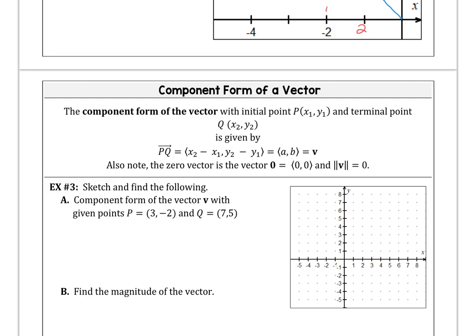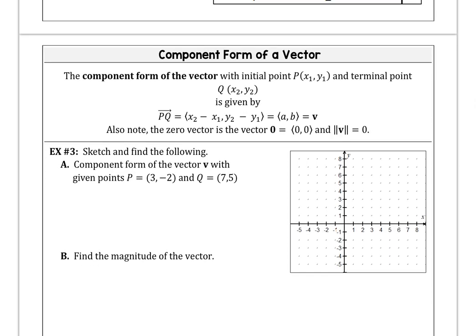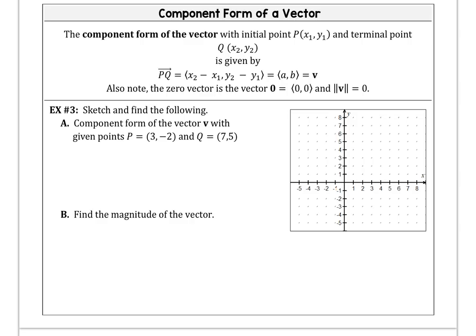Component form of the vector is given by finding the difference between the x terms and then the difference between the y terms. That gives us the terminal point. So let's give this one a try. Point P is located at (3, -2). This is point P, and Q is located at (7, 5), point Q. We've got a vector going that way, and we want to find component form by taking it back to the origin.